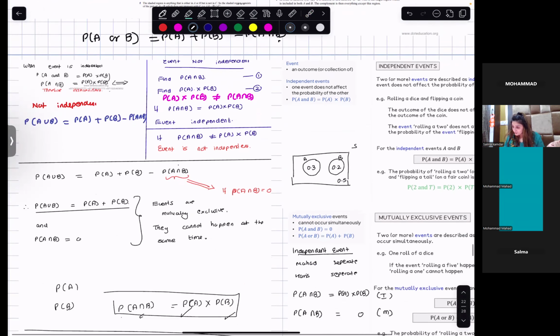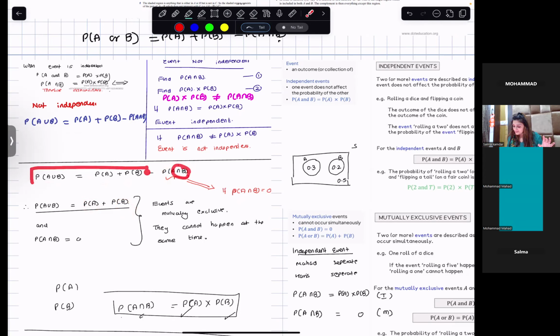When the events are mutually exclusive, I say either A can happen or B can happen, but they both can't happen at the same time. That is why we say in mutually exclusive, probability of A union B is probability of A plus probability of B minus probability of A intersection B. But when they are mutually exclusive, this is zero.